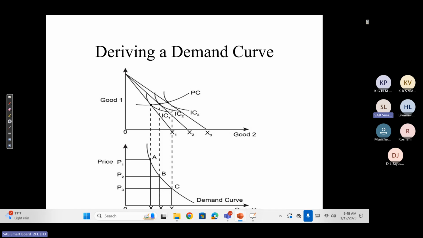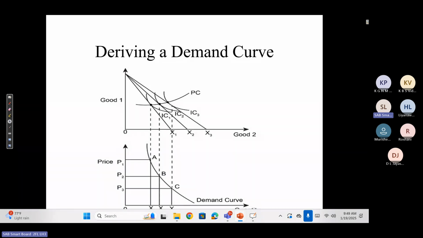So you are moving to a higher level of satisfaction, explained by shifting the indifference curve from IC1 to IC2, and by moving the equilibrium from E0 to E1, with the relevant quantities. Then by combining these two points, you can derive the demand.